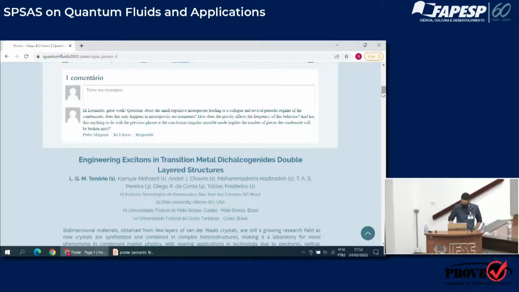An unstable angular mode implies the number of pieces the condensate will be broken into. I don't think it's an effect of gravity. There are angular modes in the small amplitude oscillations around the stationary states, and these modes sometimes break the system, make the system unstable, but I don't think it's an effect of gravity.